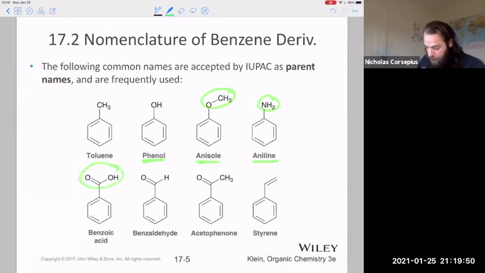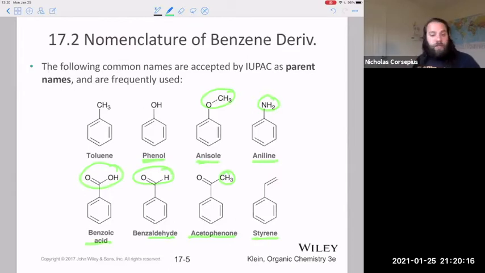It's a carboxylic acid, so that's benzoic acid. It's an aldehyde group, so that's benzaldehyde. This is a ketone with just that small methyl group on the other side, and that's acetophenone. And then when it's got the double bond directly next to that benzene ring, that is styrene, okay?